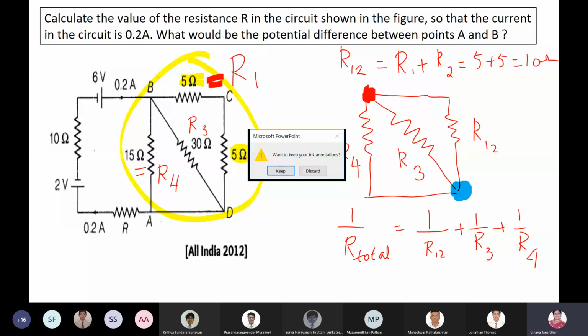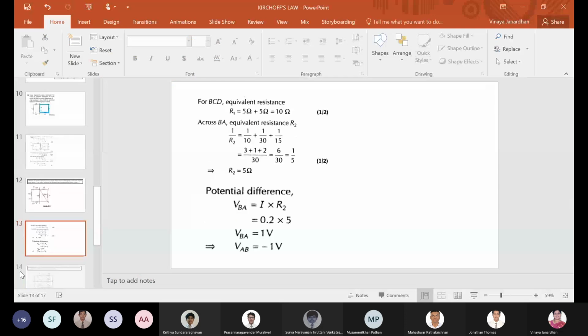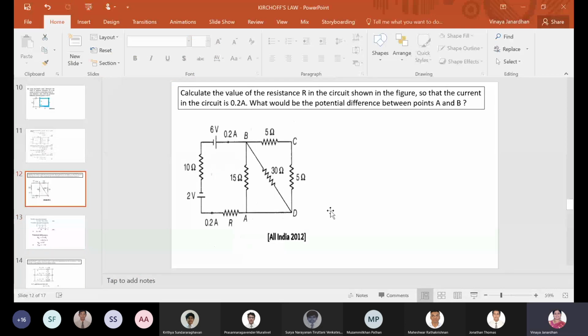What is that you are getting? 5 ohm, correct.